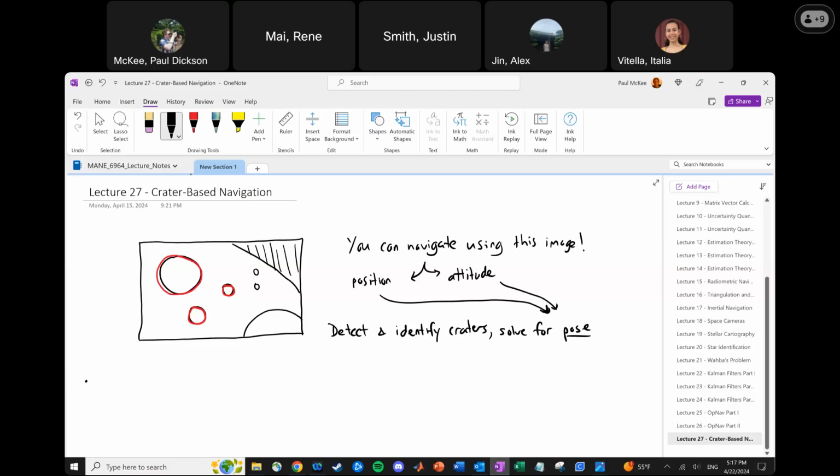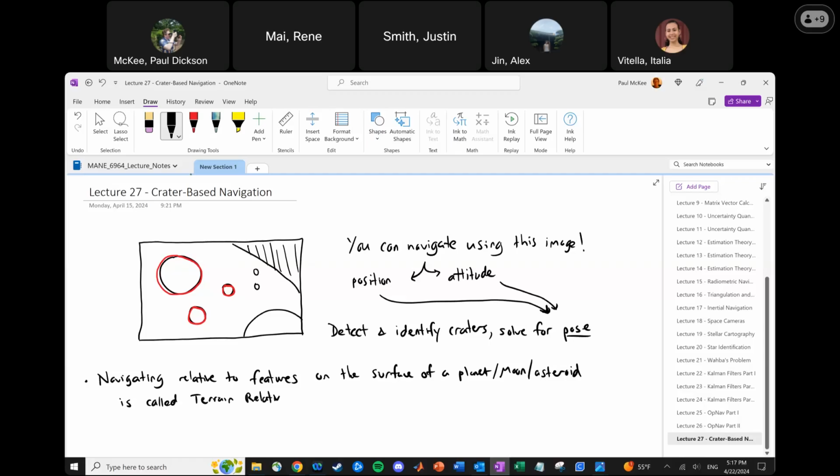So navigating relative to features on the surface of a, we'll say planet or moon or asteroid, because this also works on asteroids, is called terrain relative navigation, or TRN.